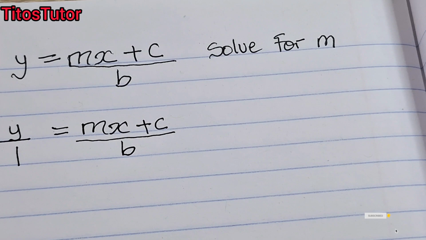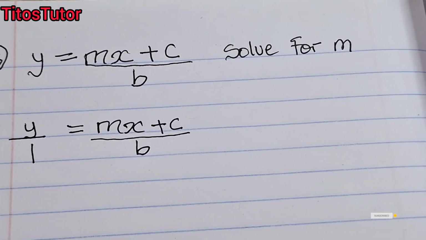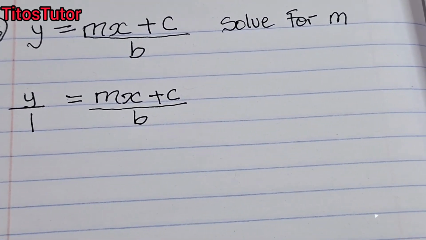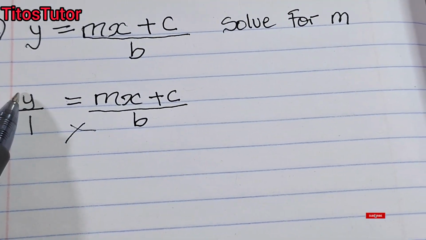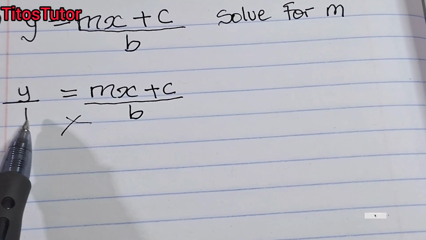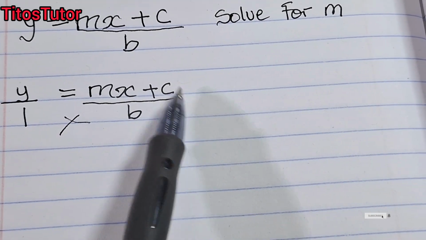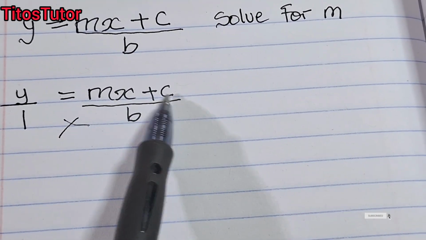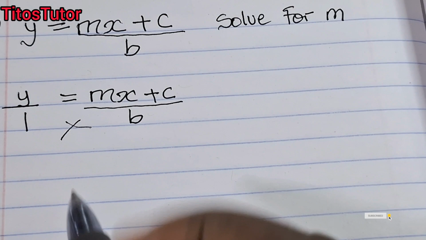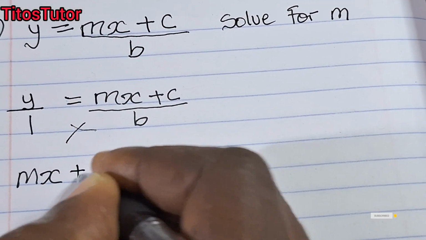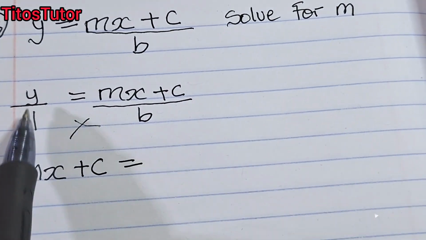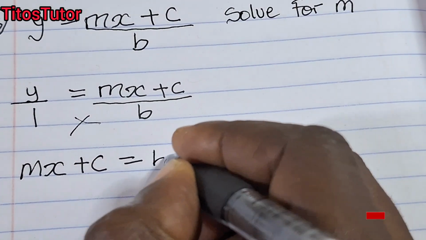Now look at it. When two fractions equate each other in math, we can cross multiply. So I have y multiplied by b and 1 multiplied by the whole of this. 1 multiplied by the whole of this is still the whole of this. So I have mx plus c is equal to y multiplied by b, which is by.